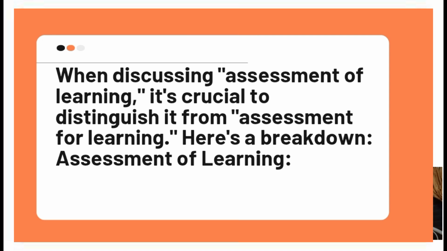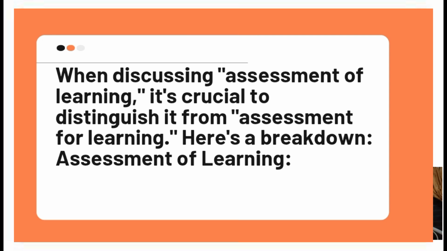Next is assessment as learning. This involves students actively participating in their own assessment. In other words, students reflect on their learning and use feedback to improve their learning.